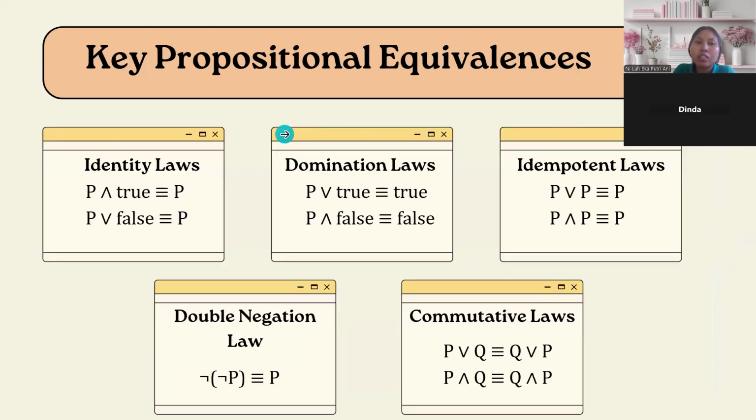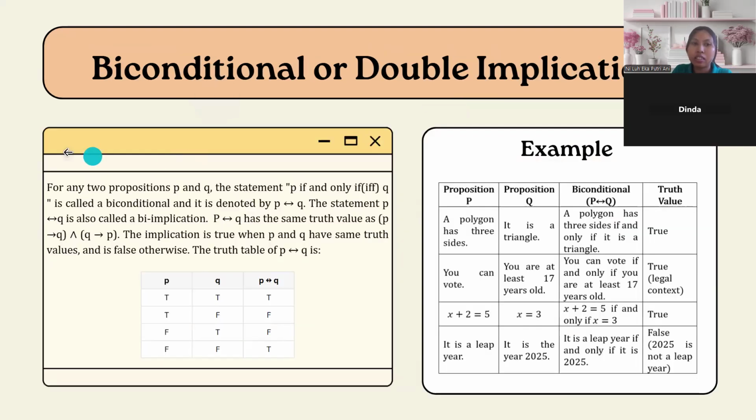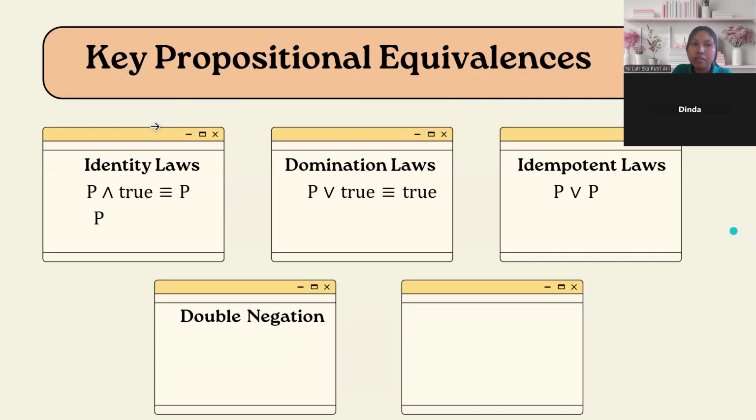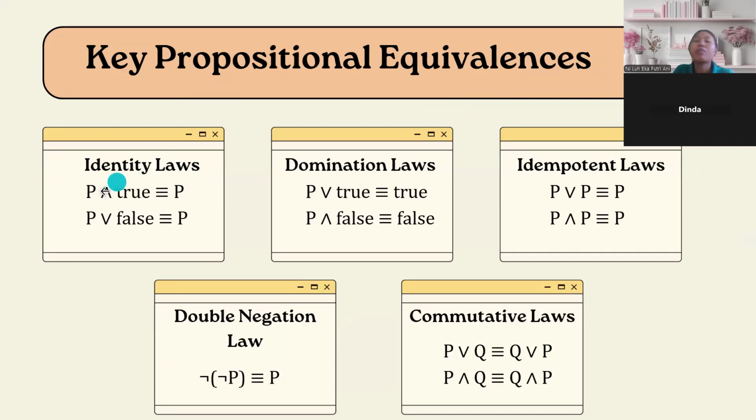Okay. So we also have key propositional equivalences. First, we have identity laws. P and true is equivalent to P, and P or false is equivalent to P. Next, domination laws. P or true is equivalent to true, and P and false is equivalent to false.